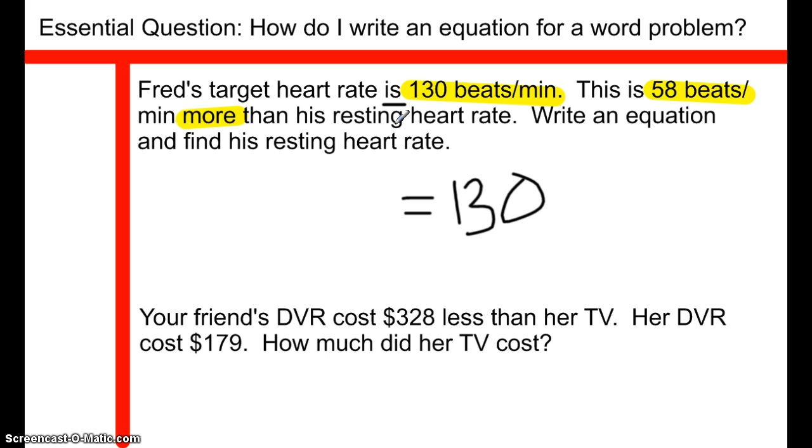I'm going to pick a letter for resting heart rate, and I'm just going to say that's R. It's got to be on the opposite side as the answer. So there we go. My resting heartbeat, it is 58 beats more. So this is his resting plus 58.